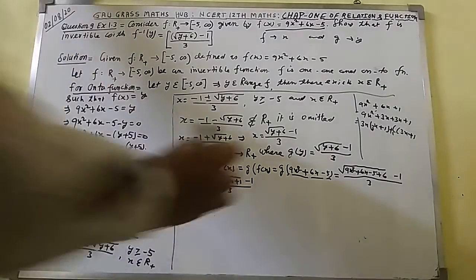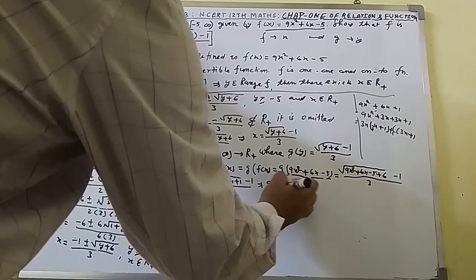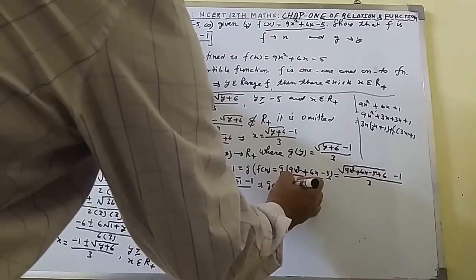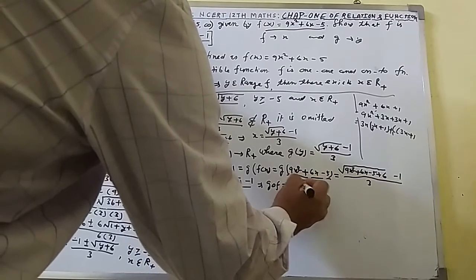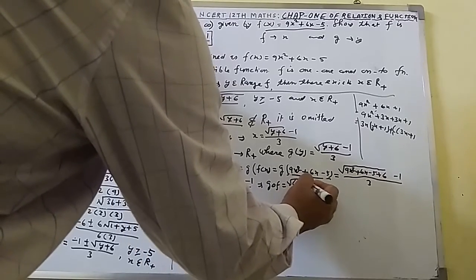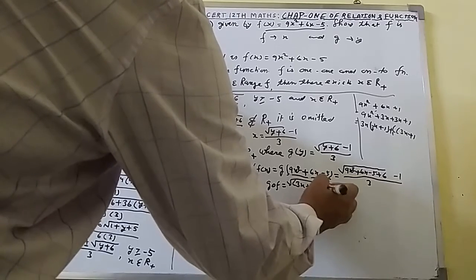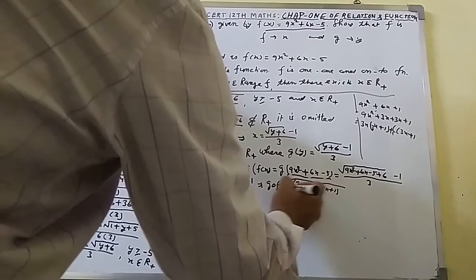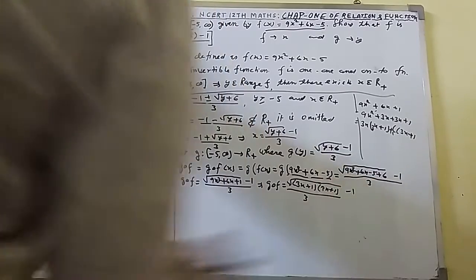So g o f equals under root of (3x plus 1) in one bracket, and (3x plus 1) in another bracket, whole over 3, minus 1.